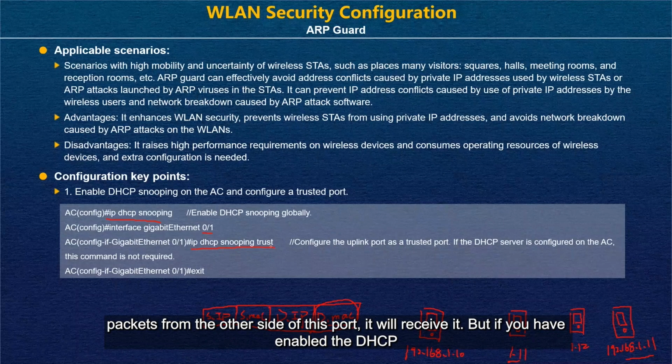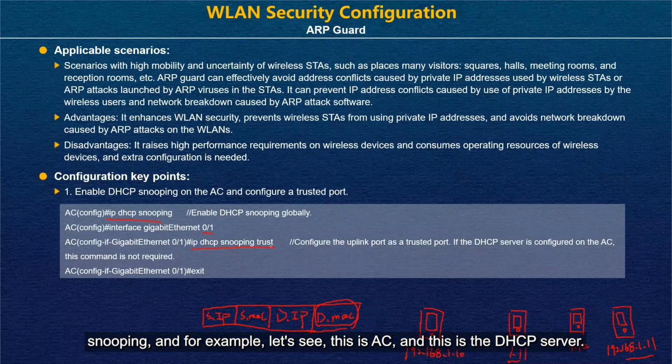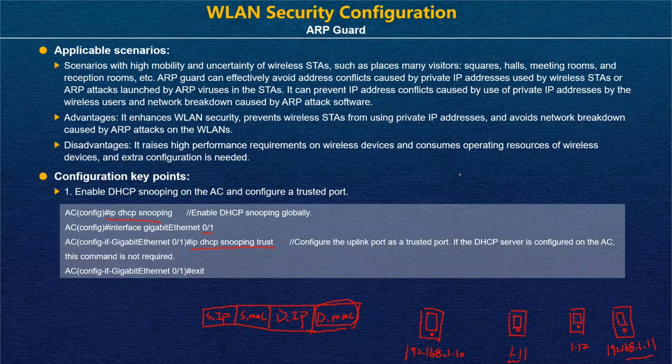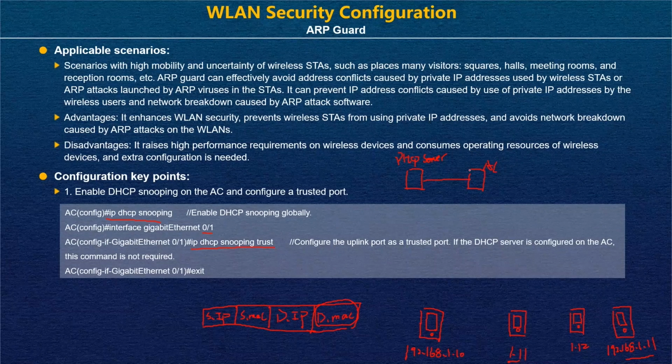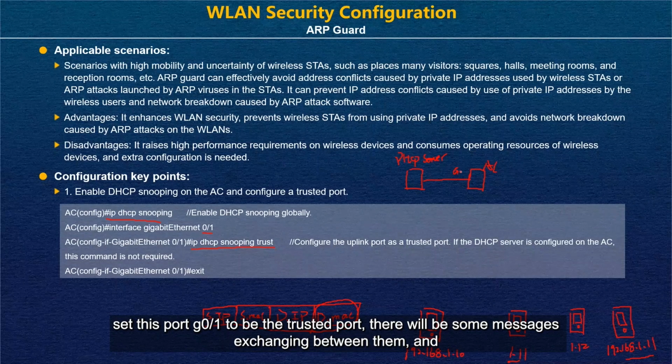But if you have enabled DHCP snooping, for example, let's see, this is the AC, and this is the DHCP server. It's connected with the AC, and the port here is G0/0/1. If you have enabled DHCP snooping, while not setting this port G0/0/1 to be the trusted port, there will be some message exchanging between them.